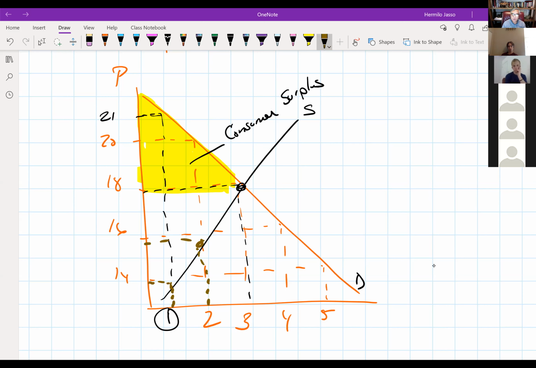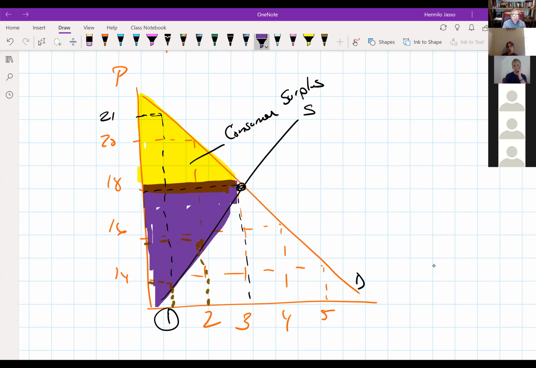But he ended up selling you all 3 units for $18. So the producer also got a benefit. He was able to sell all the items at a price higher than what he was willing to sell. So all this is the benefit that the producer received, and that's what is called the producer surplus.